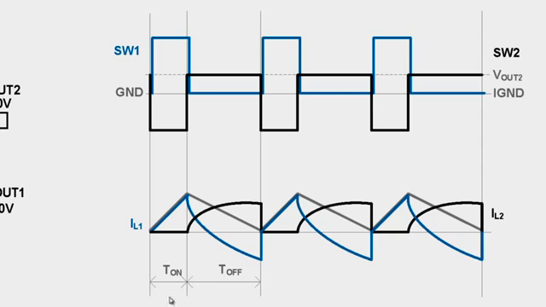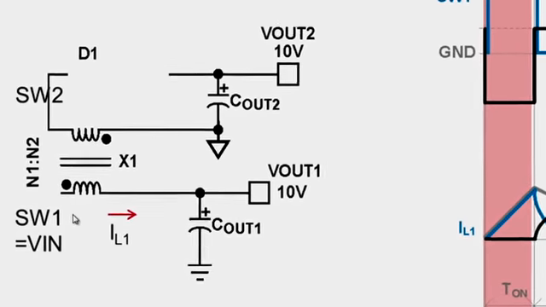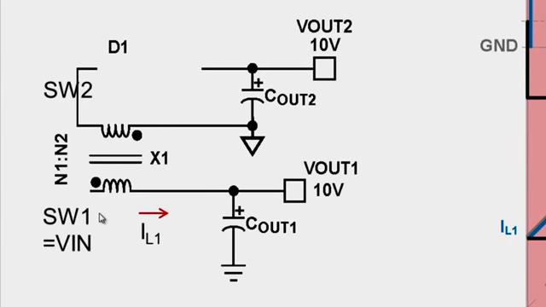When the high side switch is on, the subinterval is T on, and when the low side switch is on, its subinterval is called T off, or the off time. The on time is highlighted in this slide. During on time, the switch node 1 is connected to the input voltage Vin.